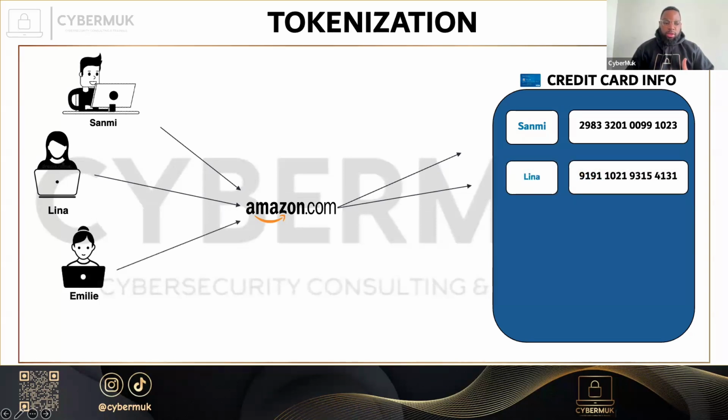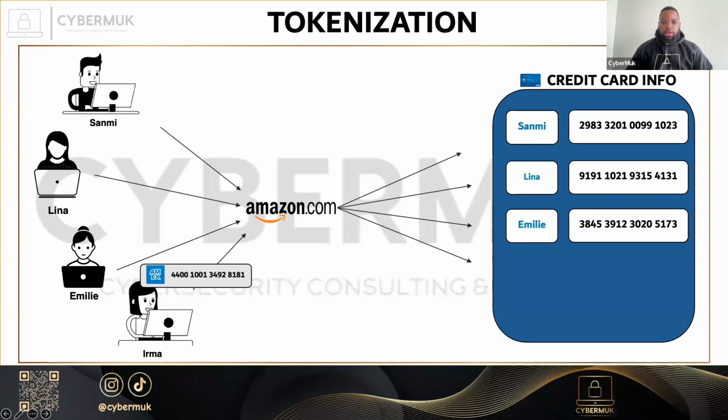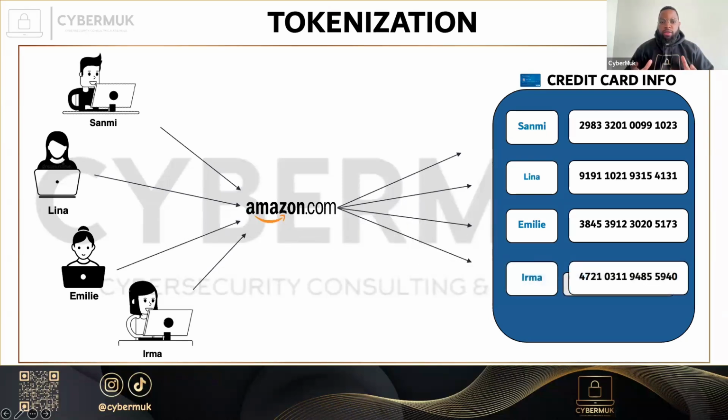And the third person, it keeps changing. And finally, the fourth person, the Visa card changes again. So that's a token that they have on their end.